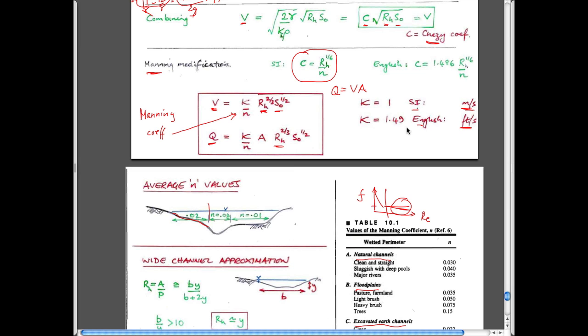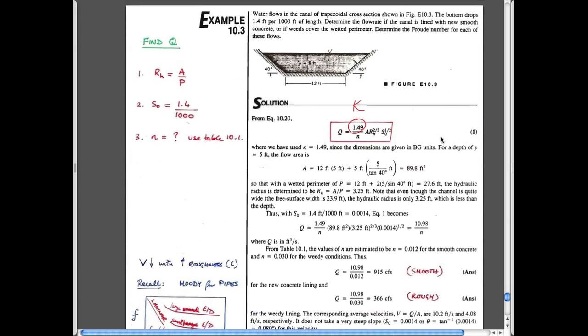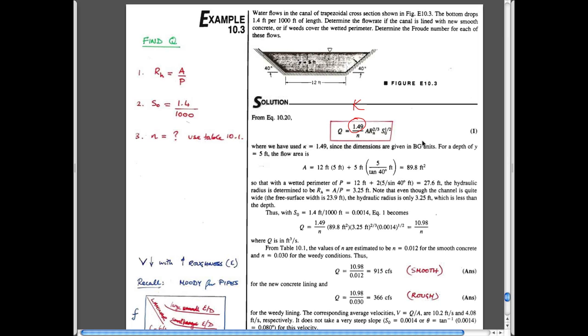And so if you're using English units, the results come out in feet per second, and if you're using SI, they come out in meters per second. So you have to be aware of that. And so, of course, the magnitudes for radii, lengths, and areas you should use are feet or meters as well. Obviously, the slope is dimensionless. It's a length per unit length.